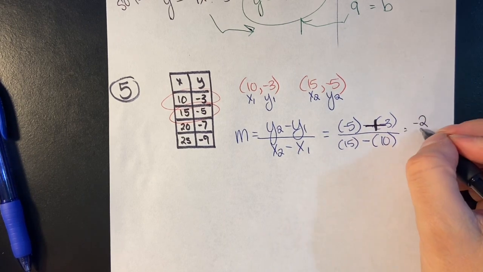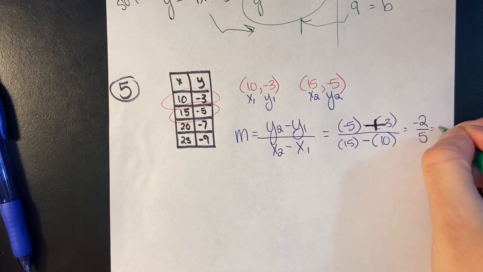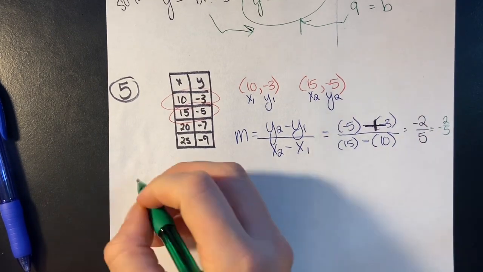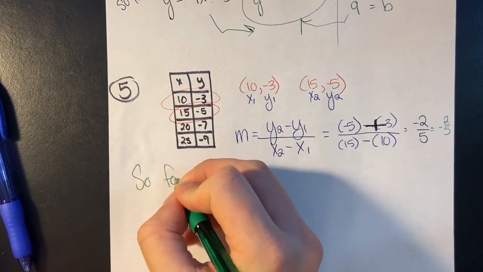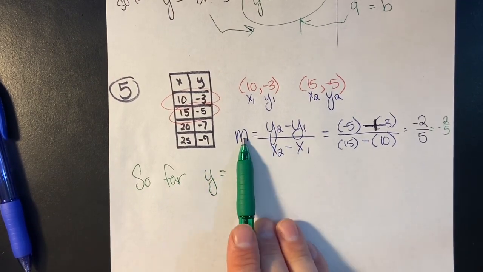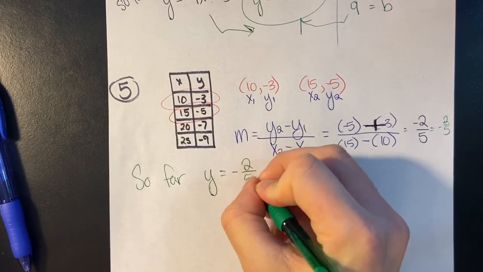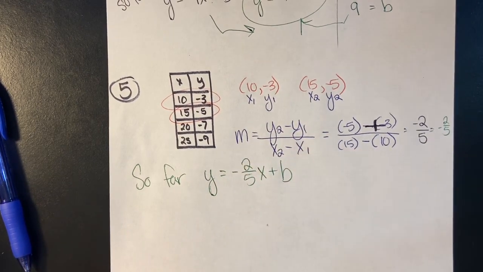And 15 minus 10 is 5, so negative 2 over 5 is my slope. So what I have so far is y equals mx plus b, but I just found out that m is negative 2 over 5, x plus b.